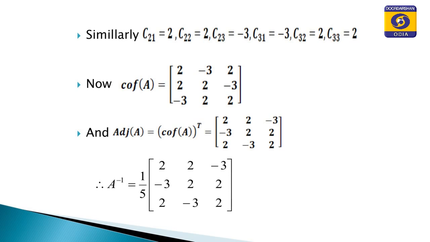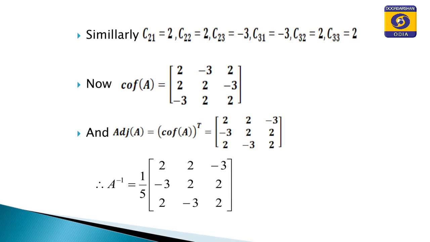Similarly, in the second row, the cofactor of 2 becomes 2, the cofactor of 2 becomes 2, and the cofactor of 1 becomes minus 3. In the third row, minus 3, 2, 2.